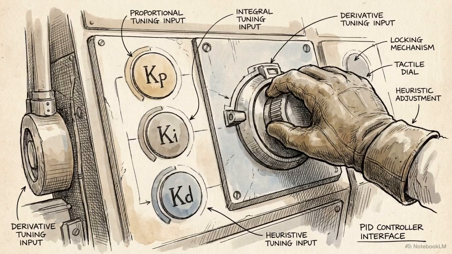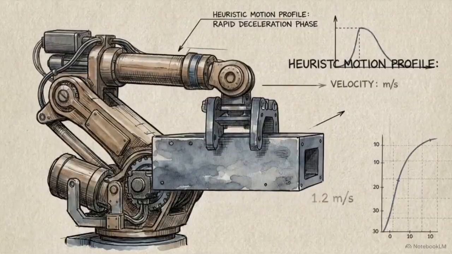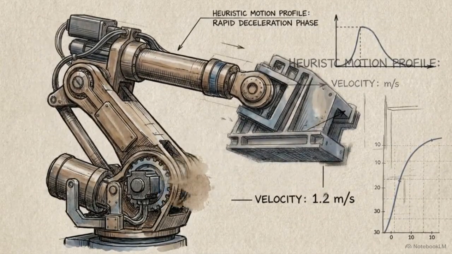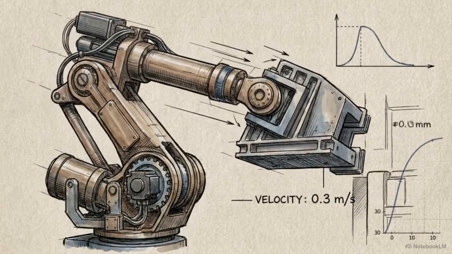By plugging the measured dead time and time constant into these heuristics, we arrive at the functional gains for the proportional, integral, and derivative variables. This heuristic approach transforms a generic mathematical equation into a controller that is custom-fitted to the unique physical quirks of a specific plant.